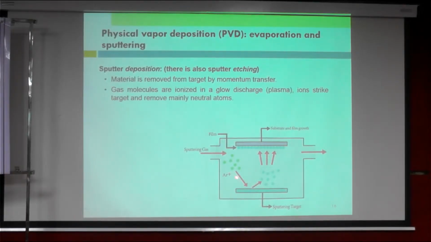Basically, you have your gas, then the ions of this gas bombard the target, which energizes the molecules, and then you can deposit on the substrate. The gas molecules are ionized in a glow discharge or plasma. Ions strike the target and remove mainly neutral atoms. Then the sputtered atoms condense on the substrate. It is not in high vacuum, but at an argon pressure of about 5 millitorr.